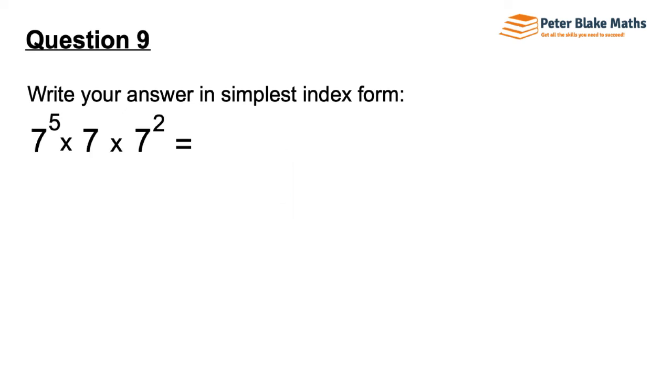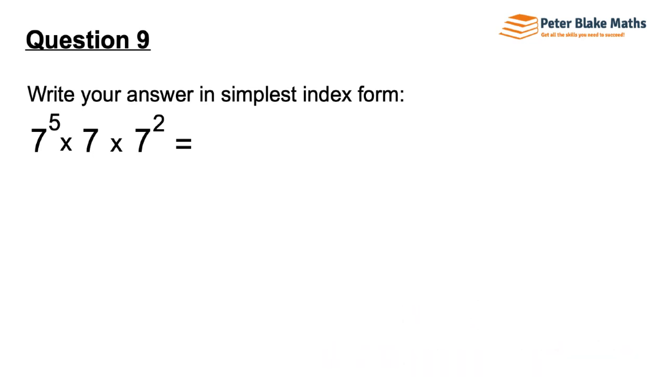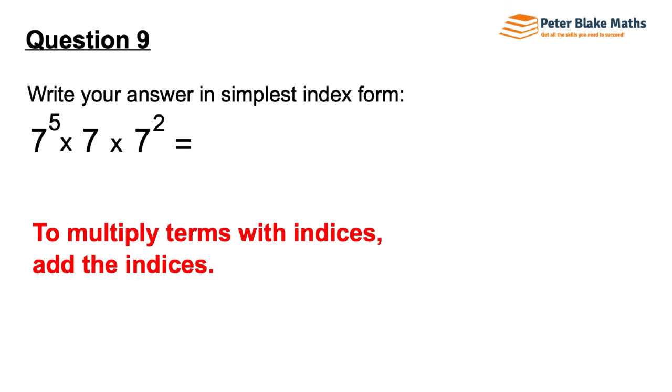Question 9. Write your answer in simplest index form. We have 7 to the power of 5 times 7 times 7 squared. Okay, to multiply terms with indices, we add the indices.